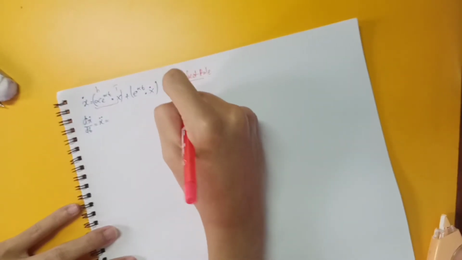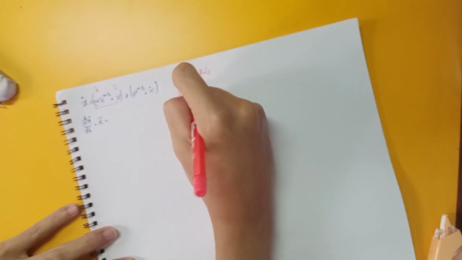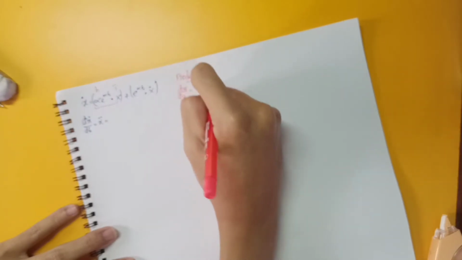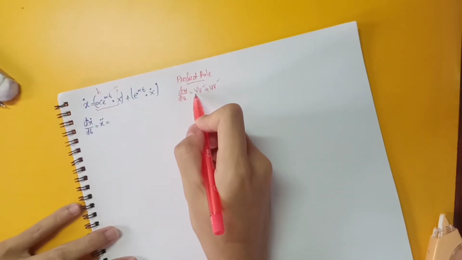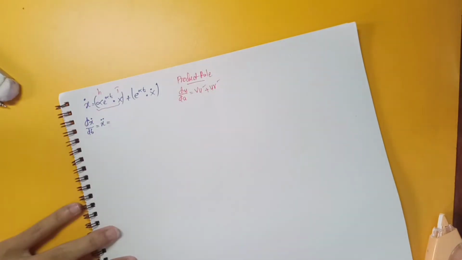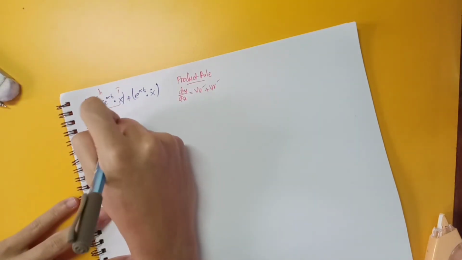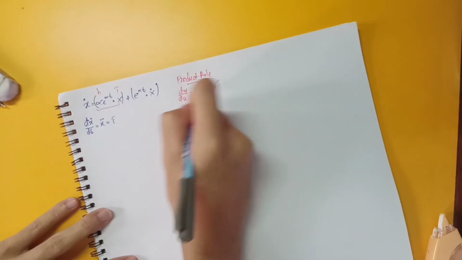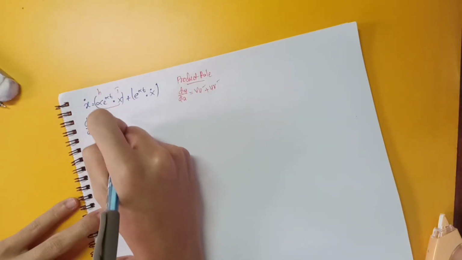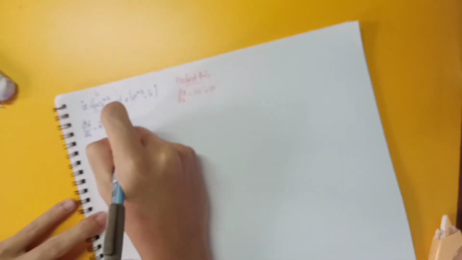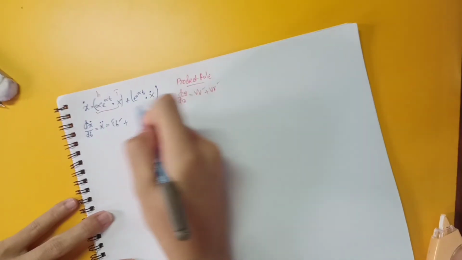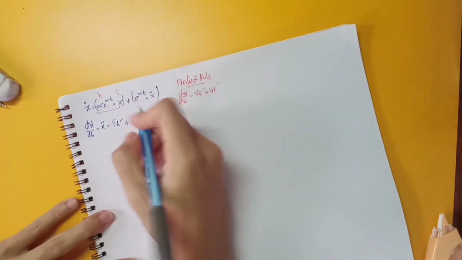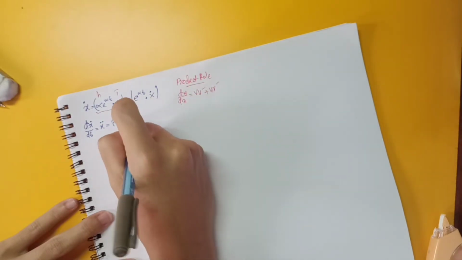Okay, dy over dx is equal to du prime plus uv prime, right? So that means final and initial. So final is I, and then times the u prime, which is h prime, plus the u, which is h, and then I prime.